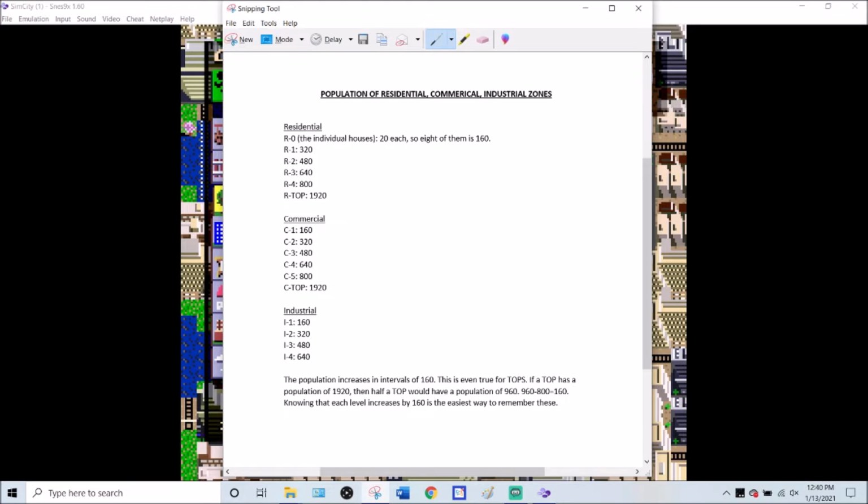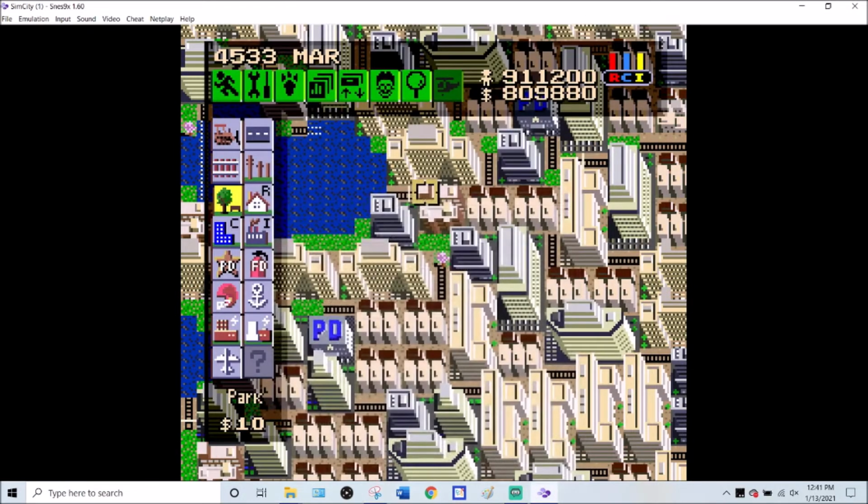Whereas residential and commercial zones will cap out at 800 if they're just individual zones, or 960 per half a top if you get C and R tops. So what does that mean? That means that as long as you can get a fully developed residential or commercial zone, they will have more population in them than an industrial zone.